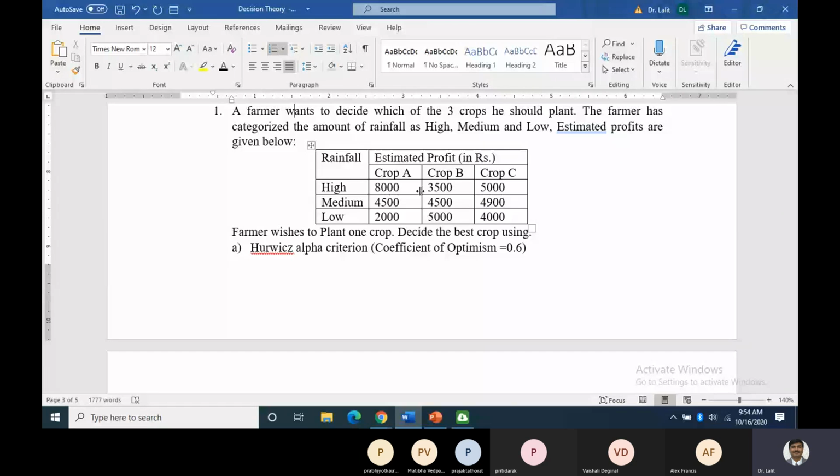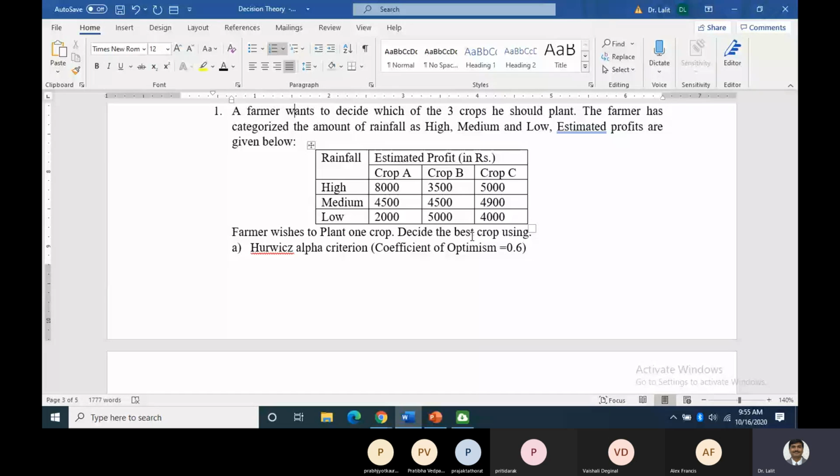What are the states of nature here? See, whatever examples I discussed in the PPT had states of nature in columns and alternatives in rows. Here the table orientation is opposite.